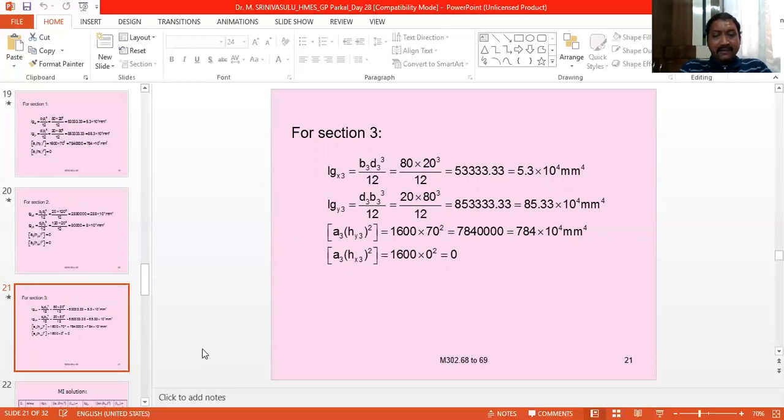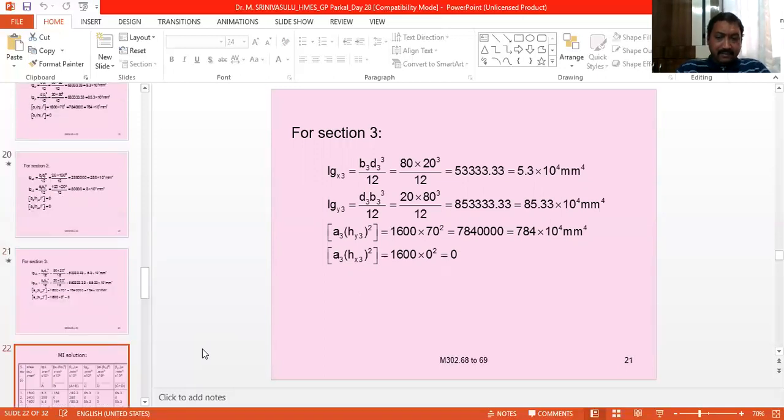Now for the term hy3, we got the value of 70. The area we got is 1600, so area into hy3 whole square. Substituting the values, it is equal to 784 into 10 power 4. Whereas hx3 is again 0, so the term value is 0.